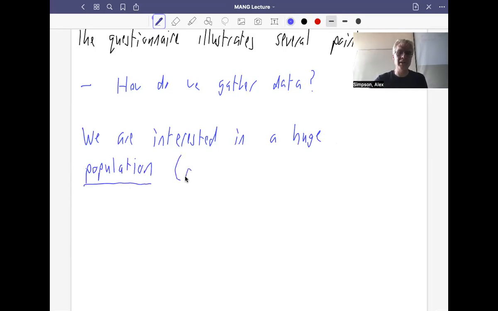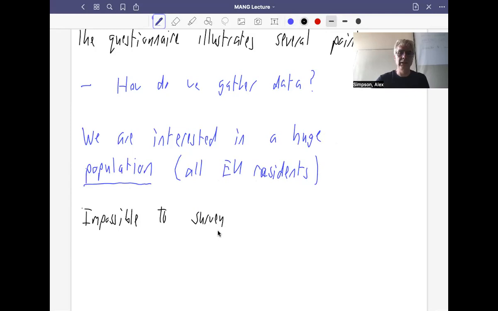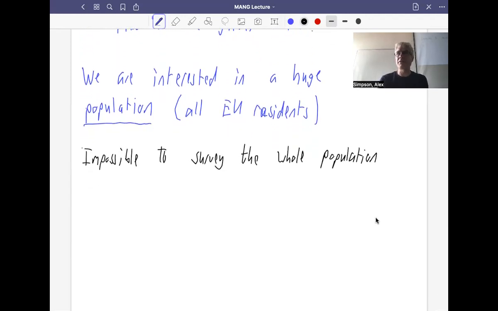In this case, it's all residents of EU countries. It's impossible to survey the whole population. It'd be interesting to know how large this population is. It's going to be hundreds of millions, maybe even 1,000 million, but probably hundreds of millions, I would guess. 1,000 million would be a billion.